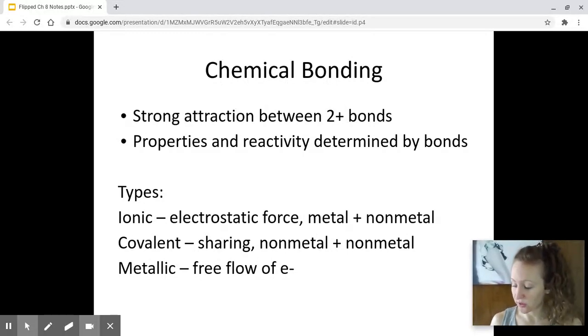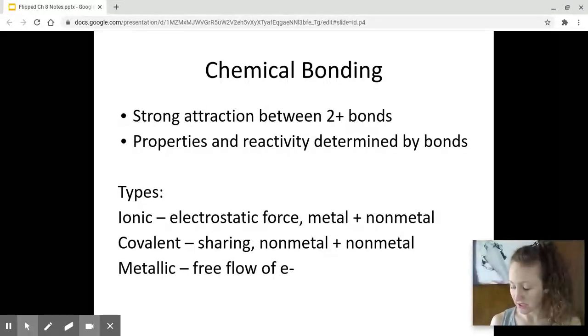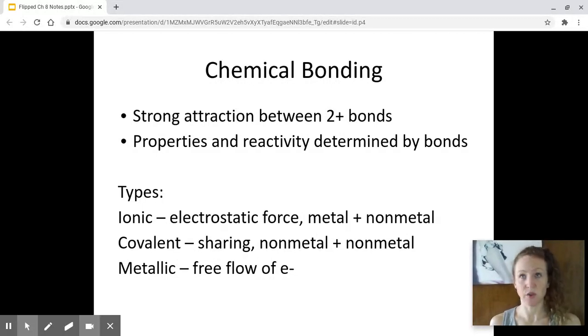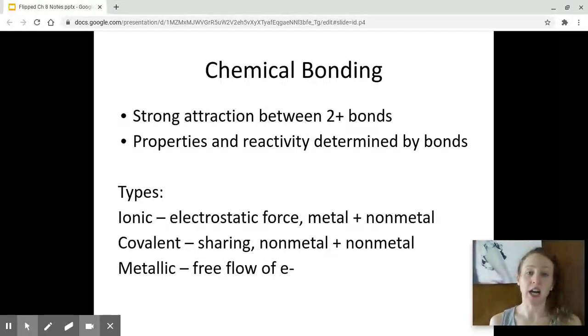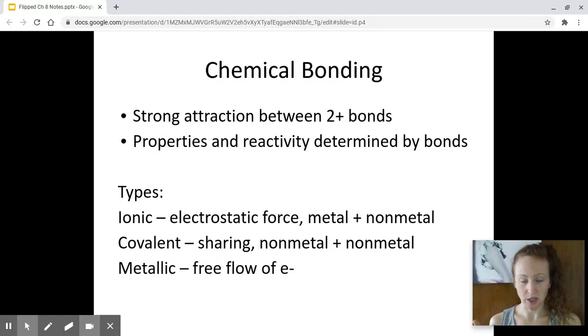So if you think about something before a chemical reaction happens and then something after a chemical reaction happens, the properties are actually completely different. So if you think about hydrogen and oxygen combining to form water, we've talked about this one before. Before the reaction occurs, you have two things that are gases.